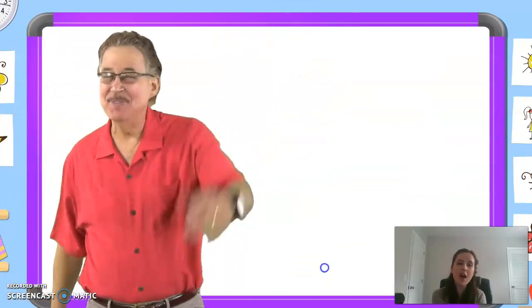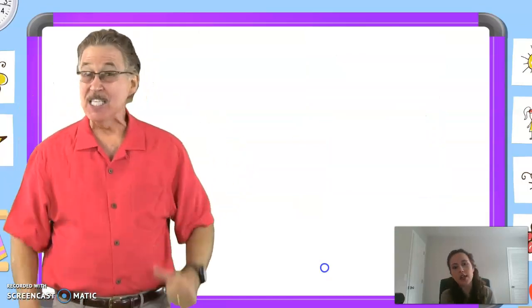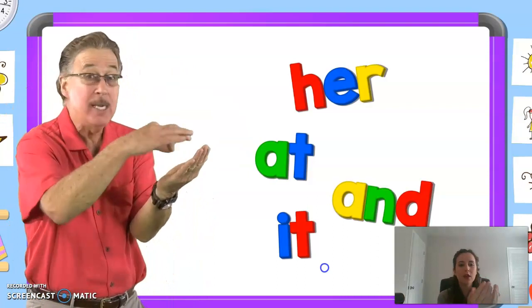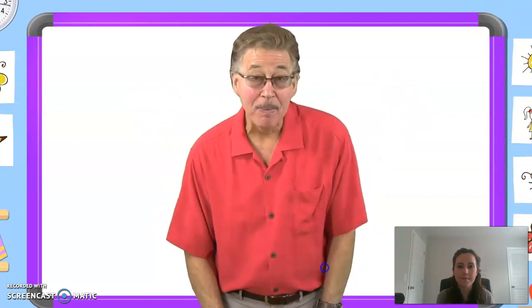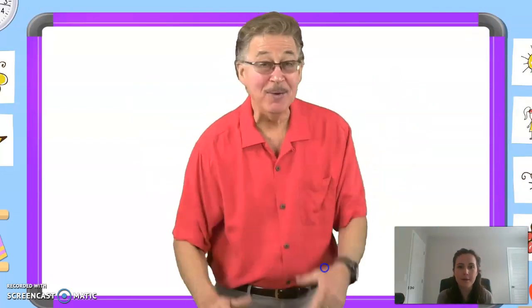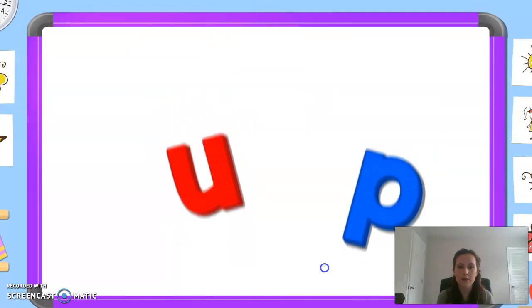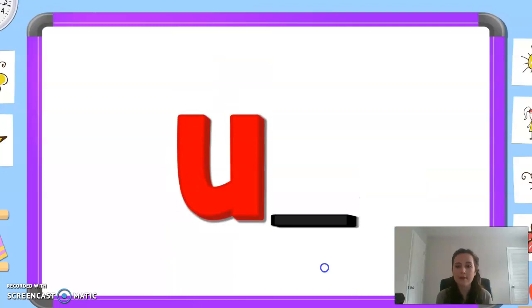I have fun with sight words. I know lots of sight words. They help me read and write. Now mix and fix the sight word up. Put the letters in the right order. What letter comes first? U. What letter comes last? P.